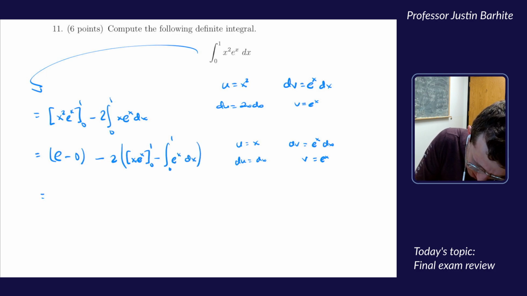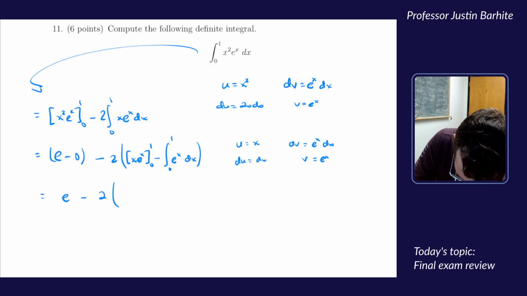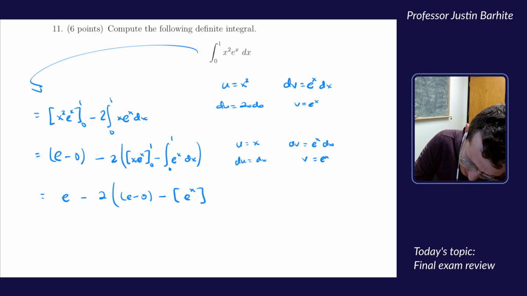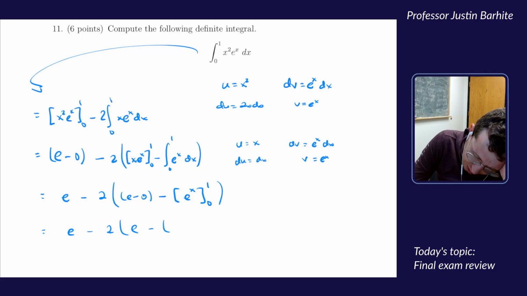So I get e minus 2 times, once again, we get e minus 0. And then my antiderivative of e to the x is e to the x. Evaluate it from 0 to 1. I get e minus 2 times e minus, oh, that's so many minus signs in parentheses, but that's going to be e minus e to the 0, which is 1.